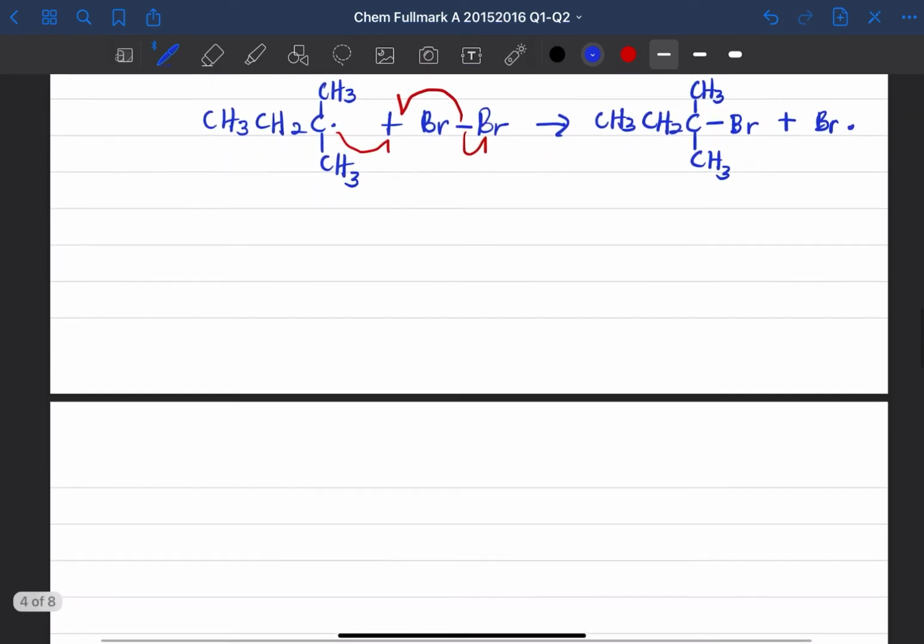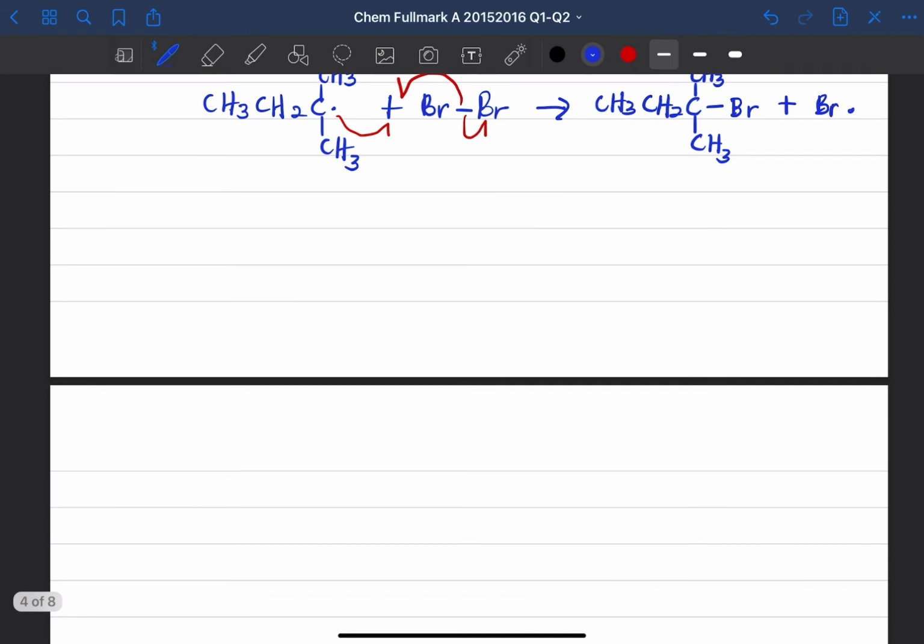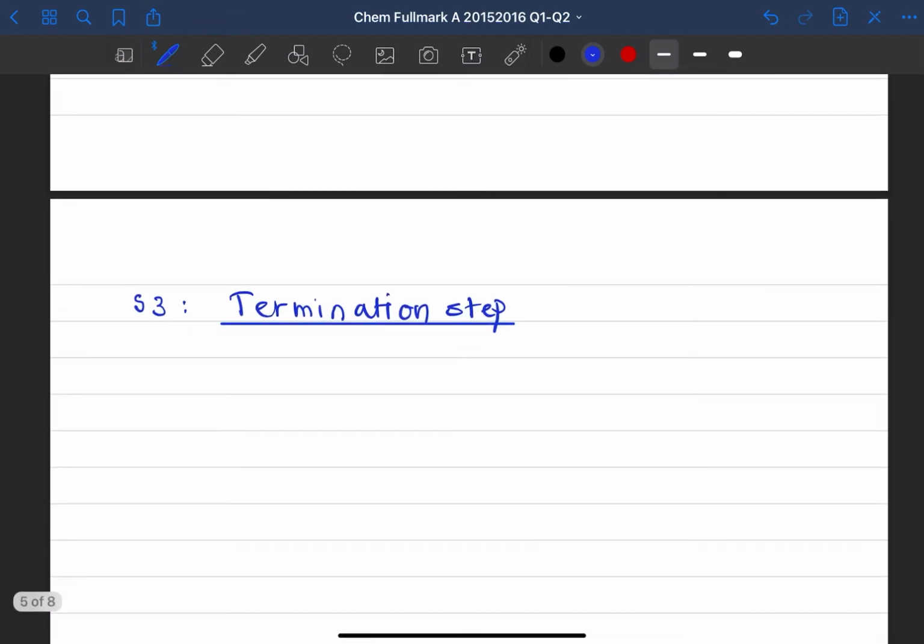Okay, the final step, step 3, we call the termination step. For the termination step, we just write the reaction between free radicals. The first one is between a bromine free radical and a bromine free radical.